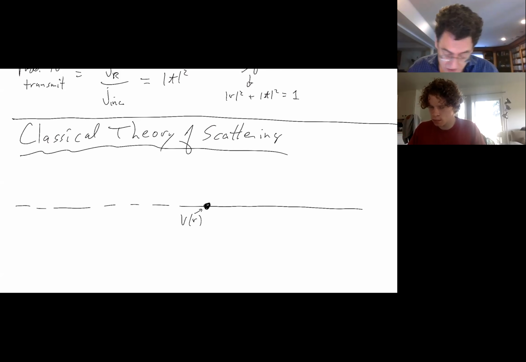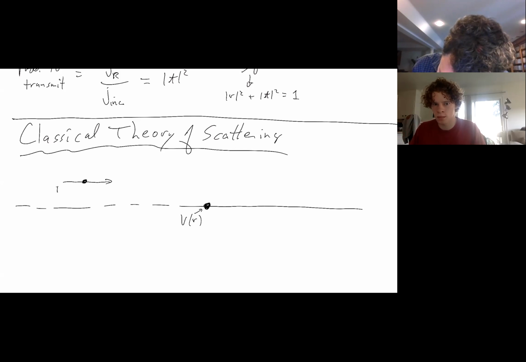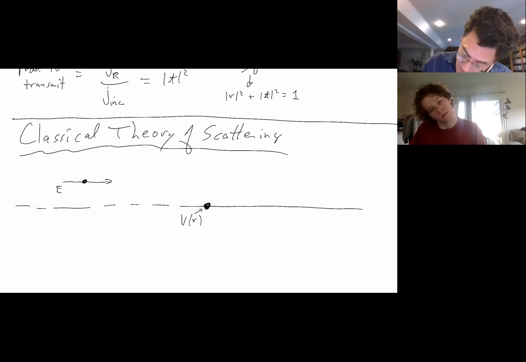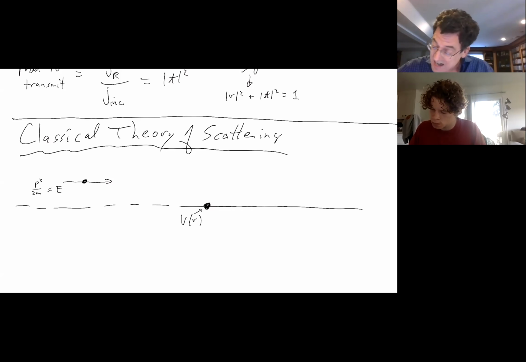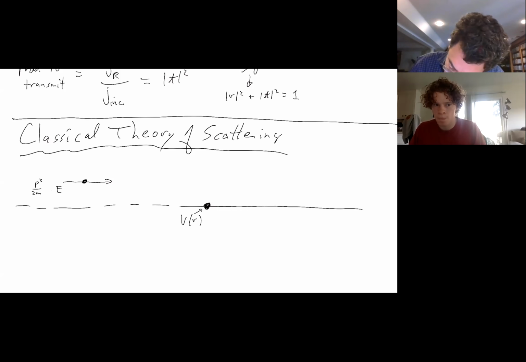And so then what I do is I shoot something at it. Here's the thing I shoot, and that thing has energy E. I think of this as sort of like the kinetic energy that I start with, because from far away, I can shoot something and know the kinetic energy of the thing I'm shooting.